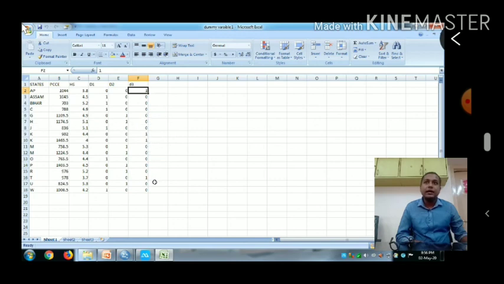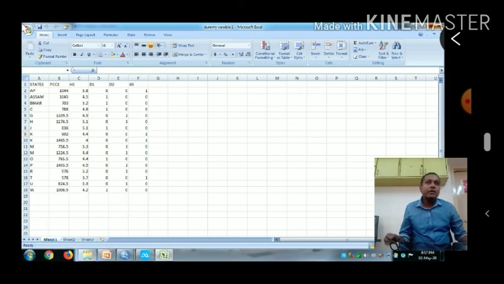Karnataka, Kerala is 1 and Tamil Nadu is 1. So there are 4 states under south, so we have given 1 1 1. So in total, when you count d1, d2, d3, you have 3 categories, 3 dummies, and when you count the 1s also, it is 17.